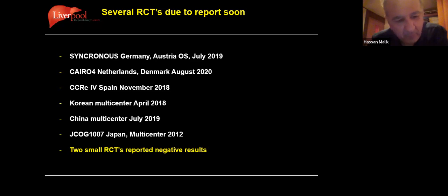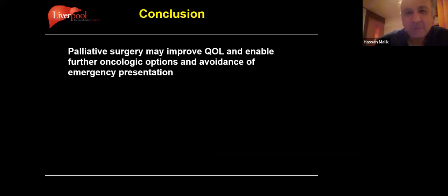But you also have to have the primary tumor resected. So we have this difficult situation in the UK now that to get a liver transplant, we have to resect the asymptomatic primary tumor in the palliative setting, which is kind of the opposite of what I'm trying to say here. So that is an issue that needs to be addressed.